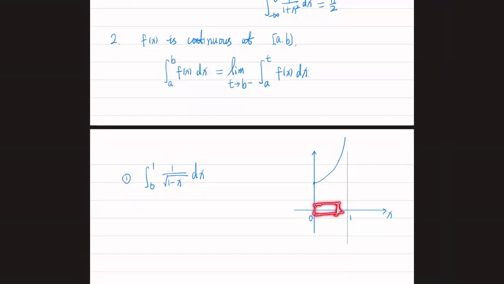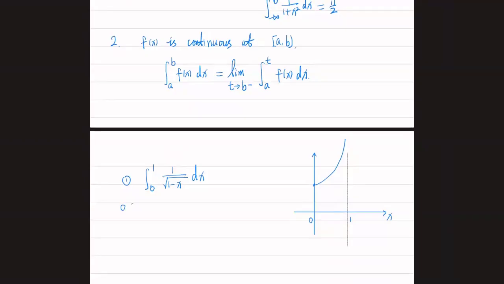So in particular, we can integrate. Now let's pick t and find the integral from 0 to t.